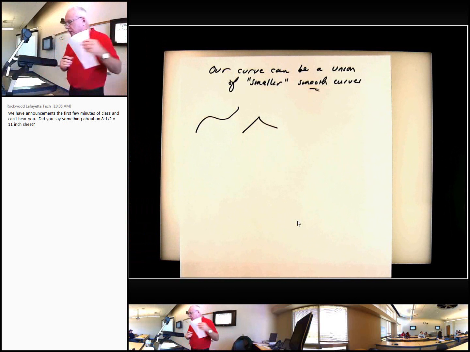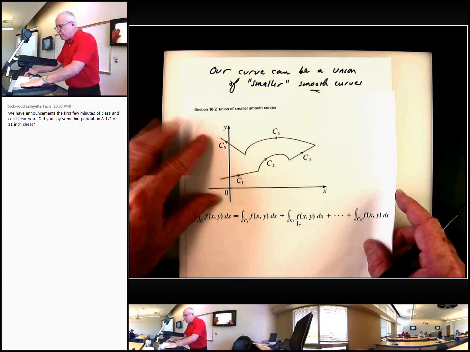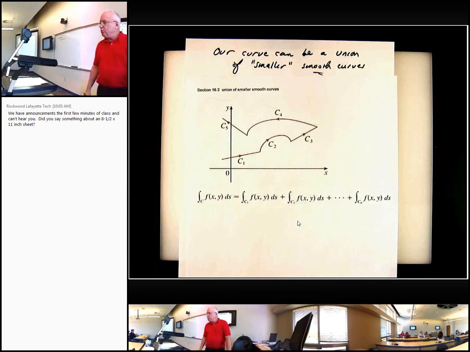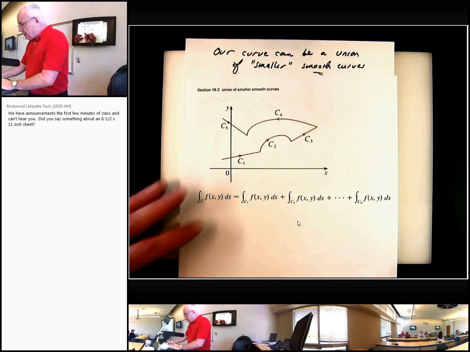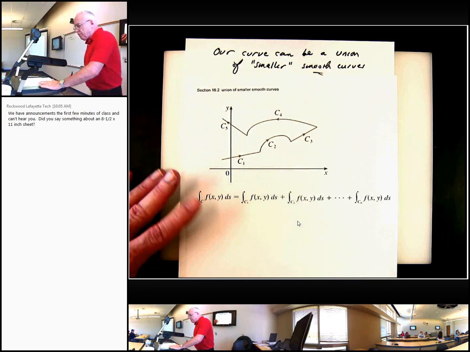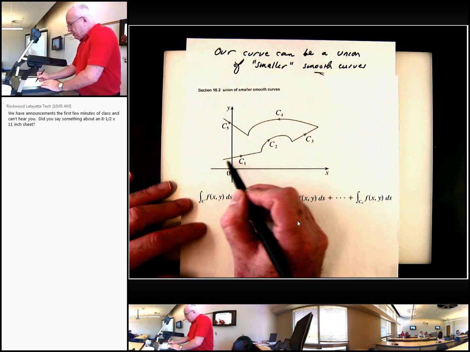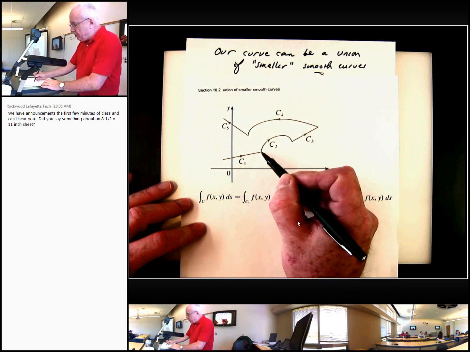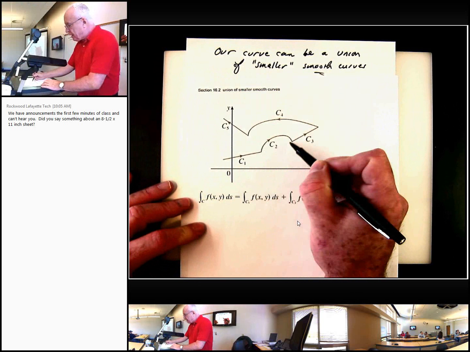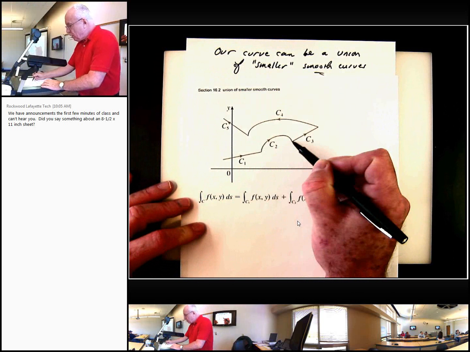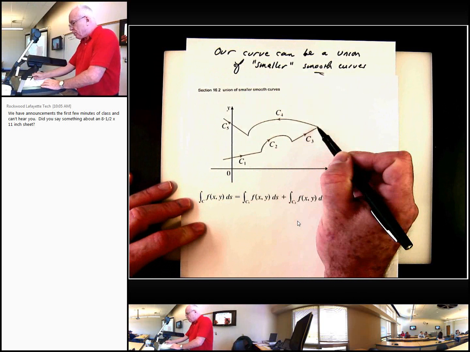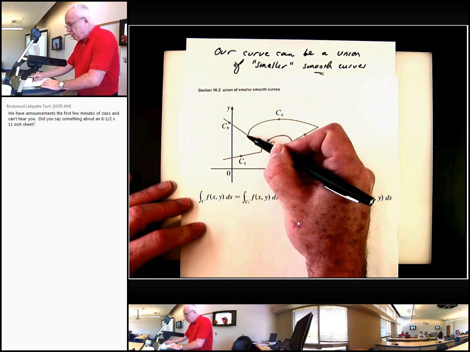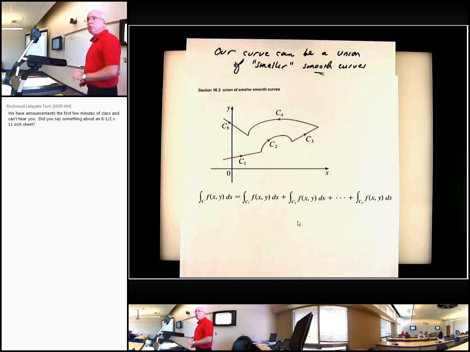Here's a visual of what I'm talking about as far as the union of smaller smooth curves. We can look at this as one big curve, but it really consists of, say, this first smooth curve, then notice we have this little break here, then this other smooth curve, then another break or point, another smooth curve, then another point, and then another smooth curve.